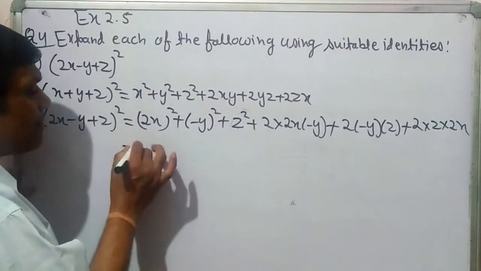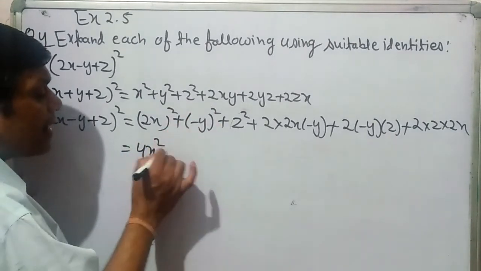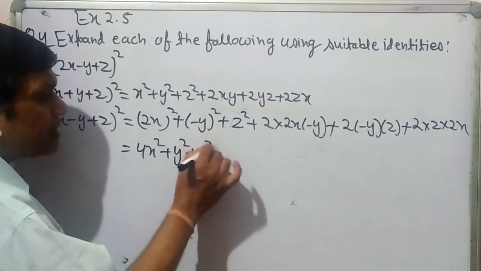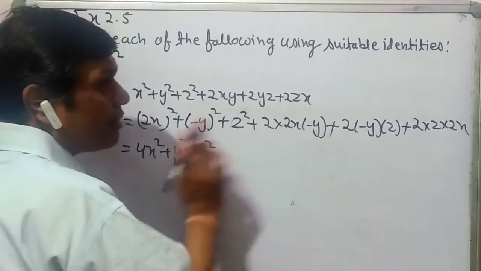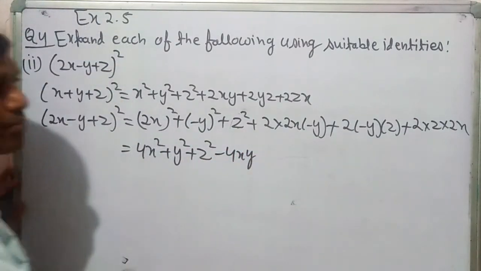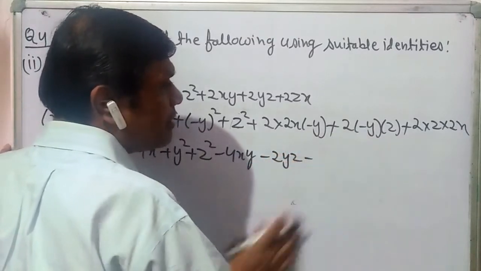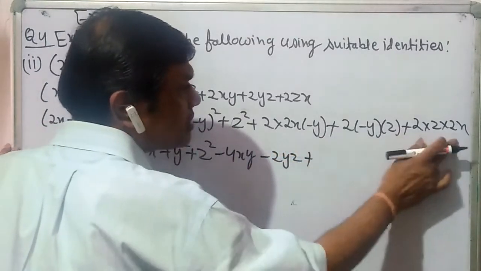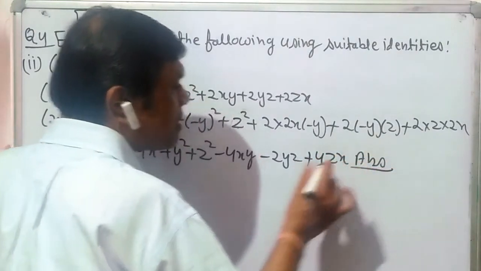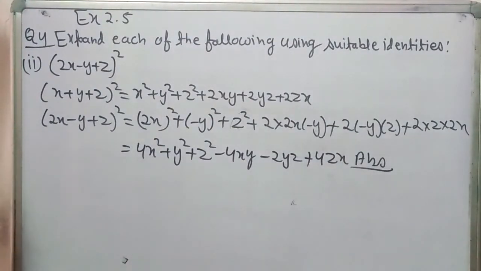So, simplify it, we have 4x square. Square of negative is positive y square. That should be z square. Minus 4xy minus twice yz plus 4zx. That is a proper answer and expansion of this part.